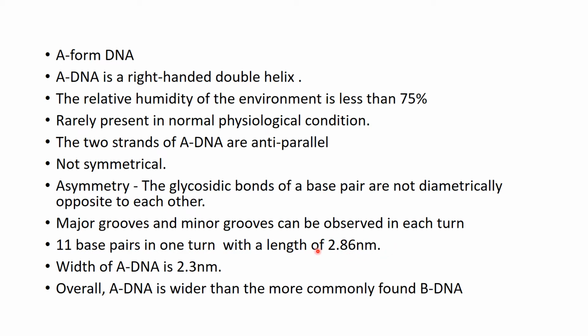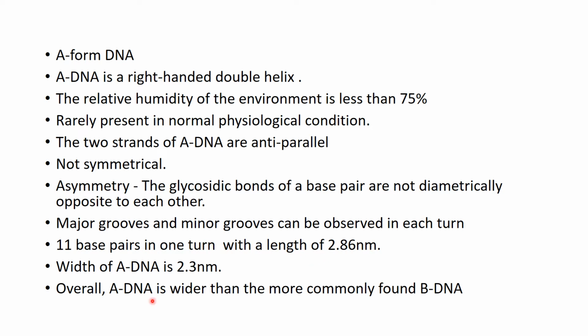So here the statistics have changed, and the width of the DNA is also 2.3 nanometers. So it is wider as compared to B DNA, and it requires less space for one turn, and therefore more nucleotides are adjusted in one turn.